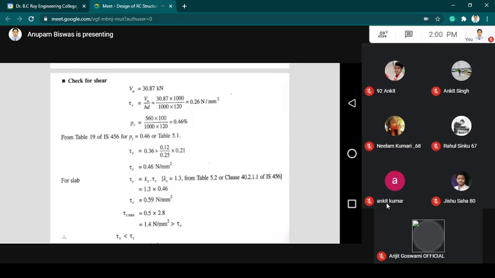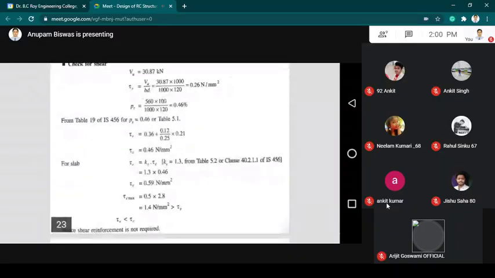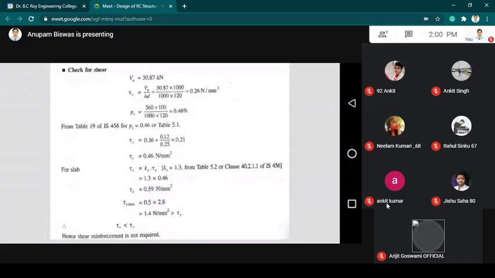Finally tau c is obtained as 0.59 N/mm², and tau c max we know is 0.5 into 2.8, that is 1.4. So we find that tau v is less than tau c. From here we can conclude that the shear reinforcement may not be provided.